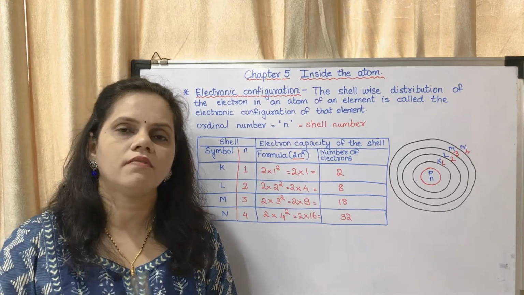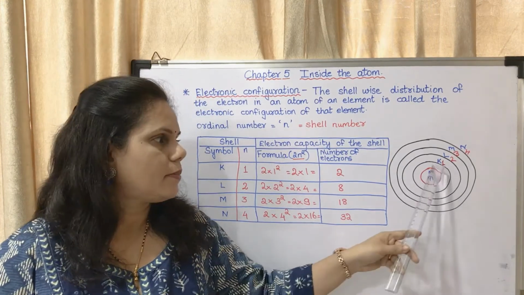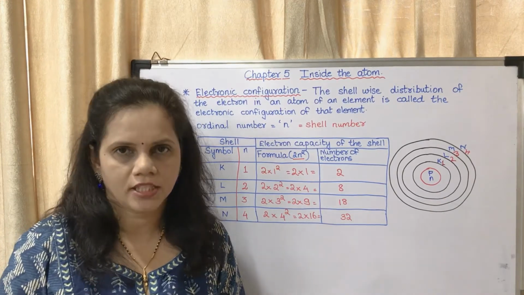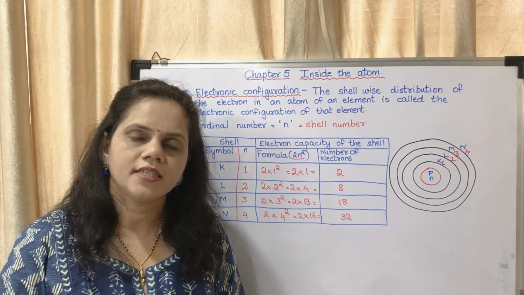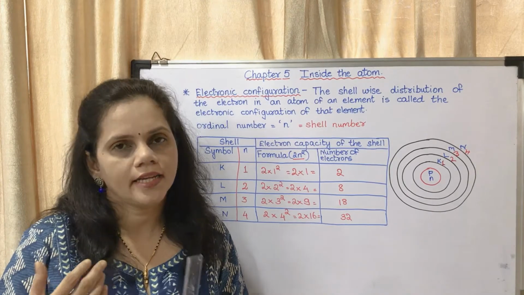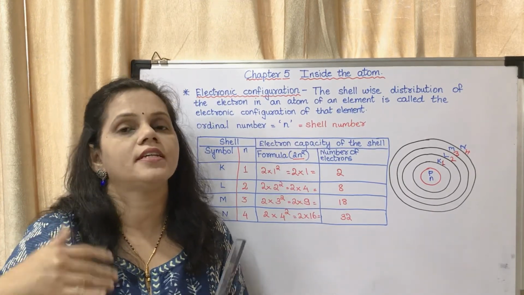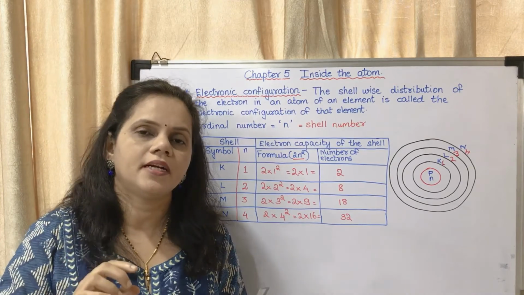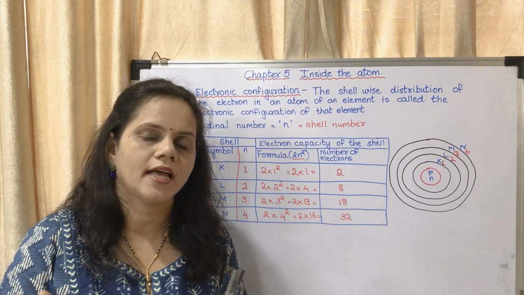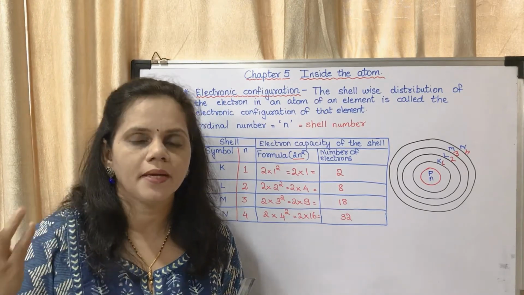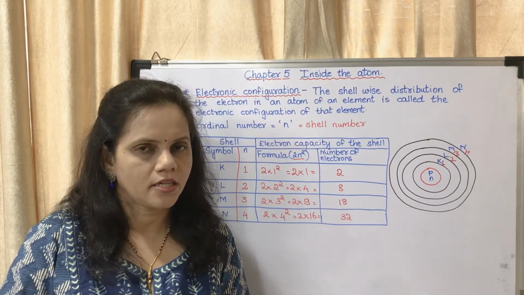If it has only 1 electron, then it will have only the K shell. It starts from the K shell. So the first shell is K shell, then the next shell if it is needed, then the next if it is needed. It depends how many electrons an atom has. If it has more electrons, then they will be arranged in the next shell.